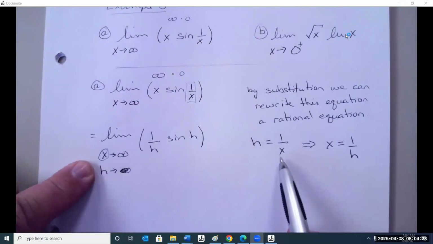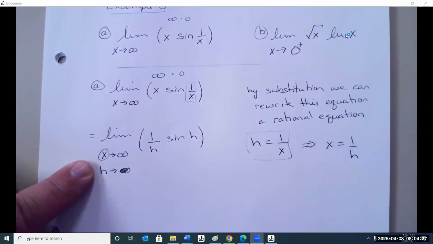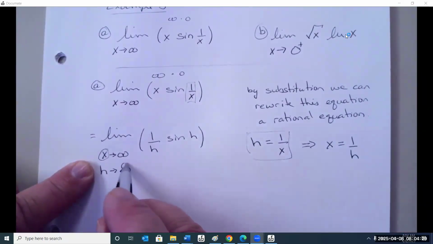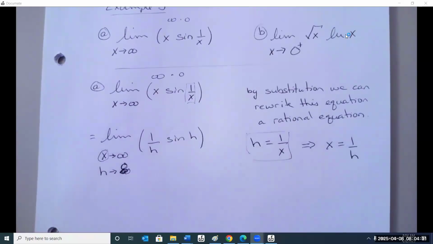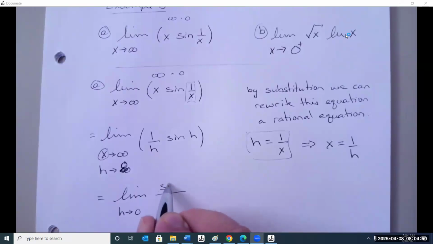As x goes to infinity in this equation, h goes to 0. So what we have here is the limit as h goes to 0 of sine h over h.